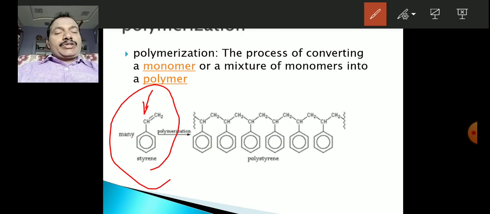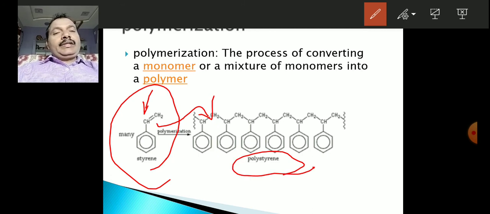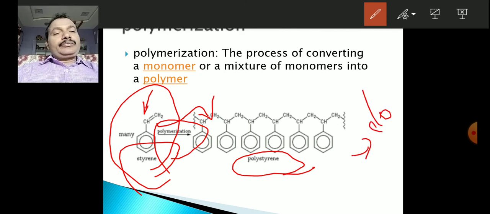After polymerization, this has become a single bond, so that is CH2, CH2 like that. So polystyrene is manufactured from styrene subjected to polymerization. This polystyrene is used in manufacturing cloths.